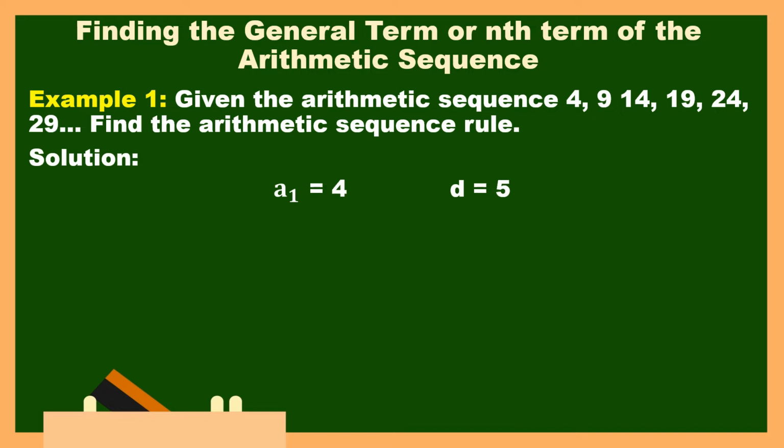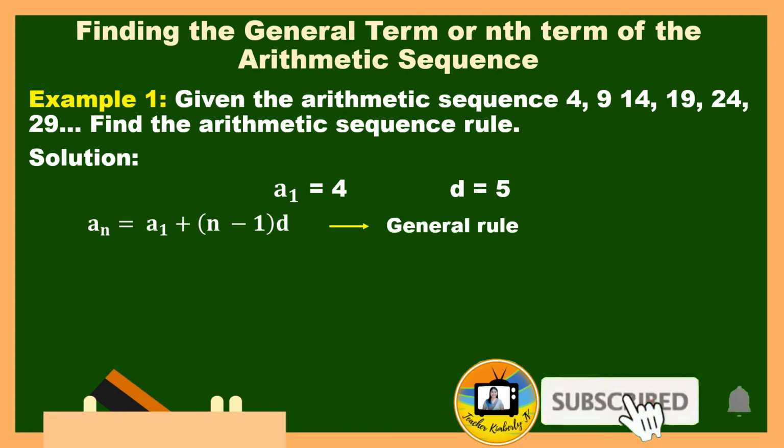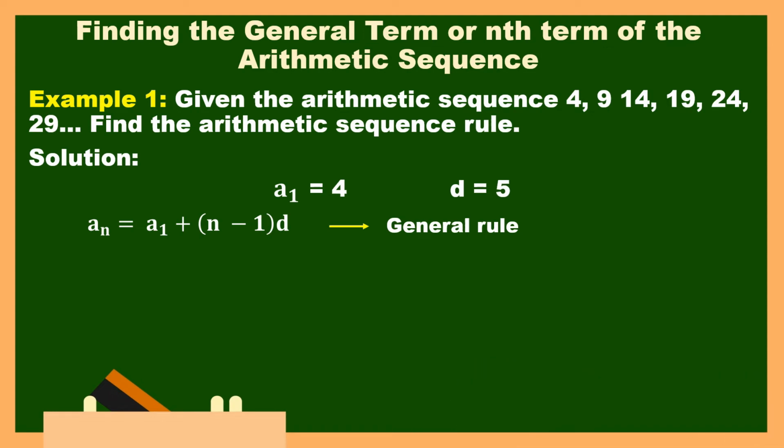So, ngayon, gagamitin natin dito ang general rule ng arithmetic sequence which is a sub n equals a sub 1 plus the quantity of n minus 1 times d. Yan ang general rule of the arithmetic sequence. Ngayon, i-substitute po natin ang value ng a sub 1 or ng first term at ng common difference.